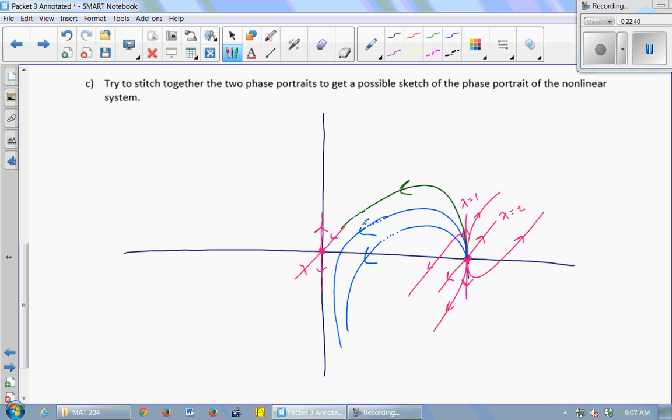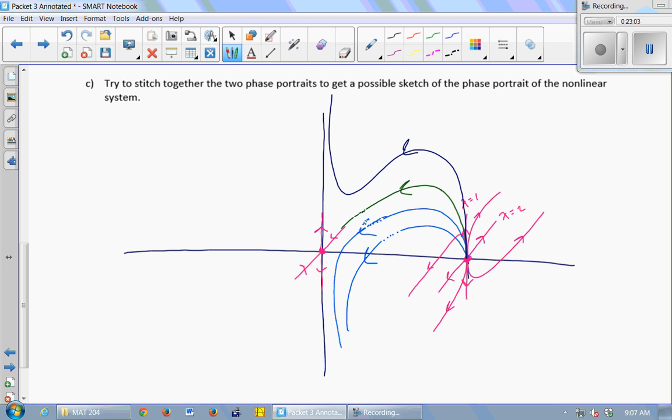And we can kind of see how they connect. The ones above it, we're going to do the other saddle. So if they come out above the green separatrix, they're going to follow this pattern.